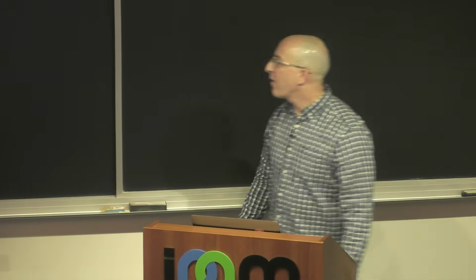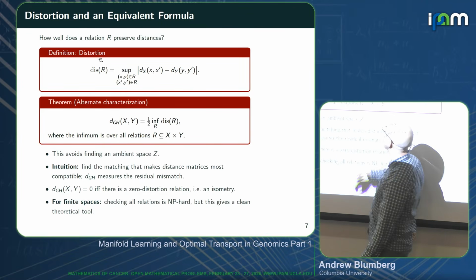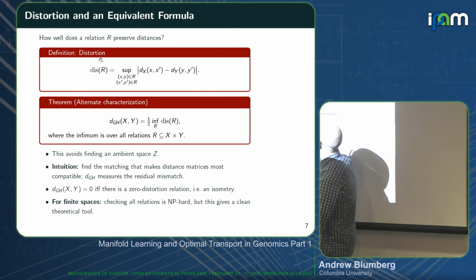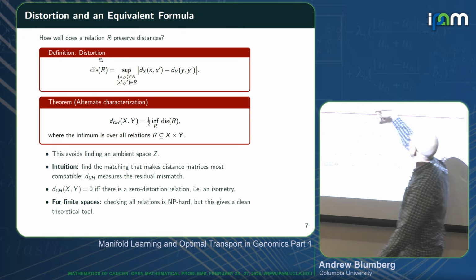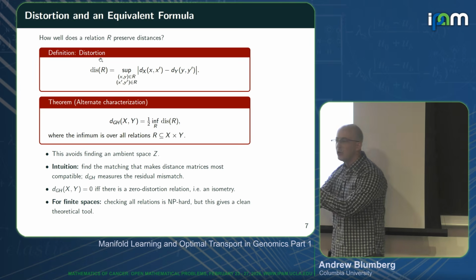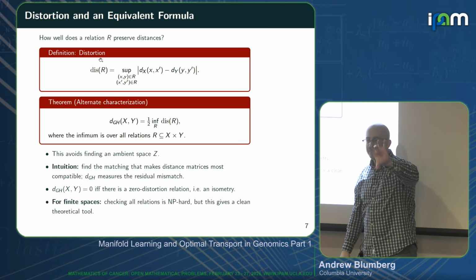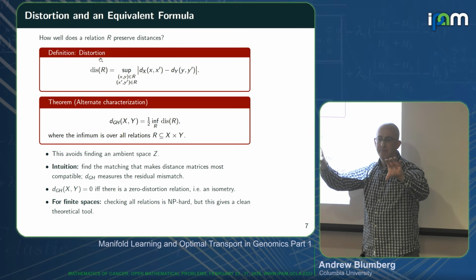Because the point is, first, that for any given relation, you can describe the distortion of the relation. And that is the sup. It's the worst discrepancy between points, where I match x and y, I match x prime and y prime. And if this relation was really doing a nice matching, the distance between x and x prime, if they're matched to y and y prime, those distances ought to be the same.